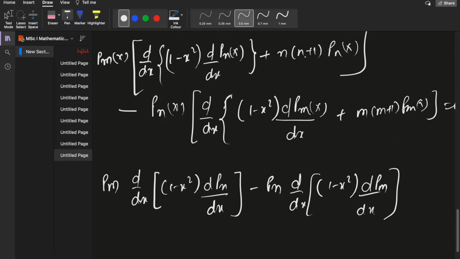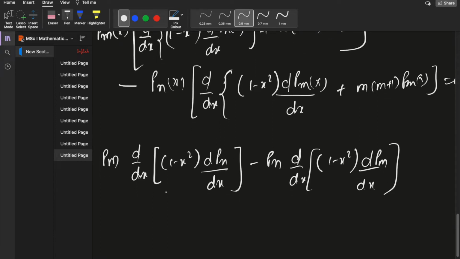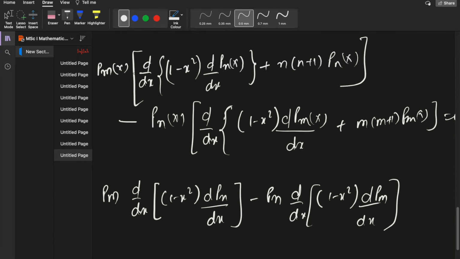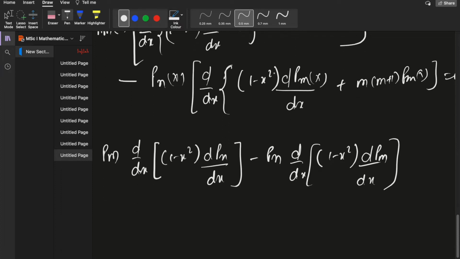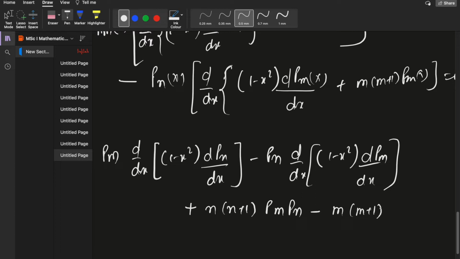Another term: this will give me plus n(n plus 1) Pm Pn, minus m(m plus 1) Pm Pn, which is equal to 0.